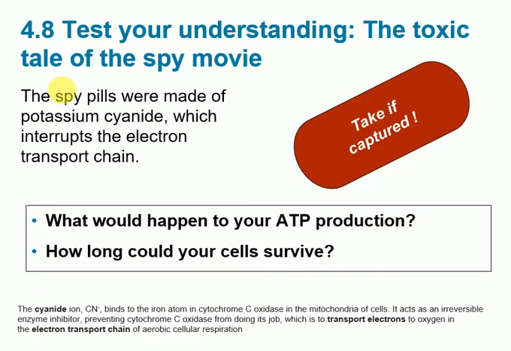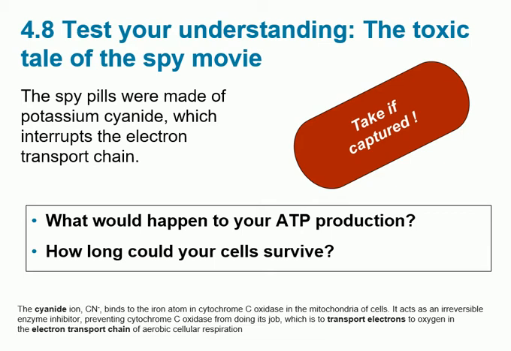So we talked in the beginning of this part about the spy movies, and the spy pills and how toxic they are. What does it do? Simply, it stops the cellular respiration. If you wanted to know about it, it contains cyanide ions, and cyanide ions are going to attach to the iron part of the cytochrome C oxidase.